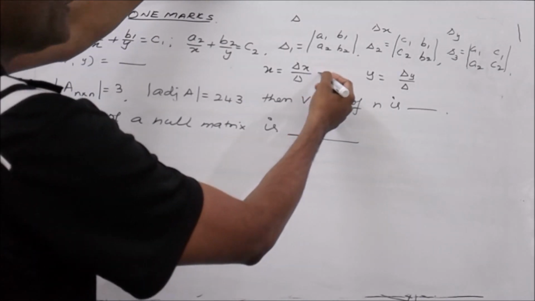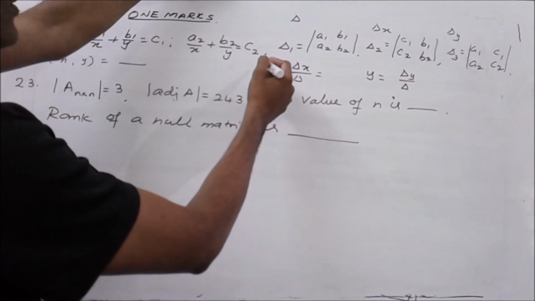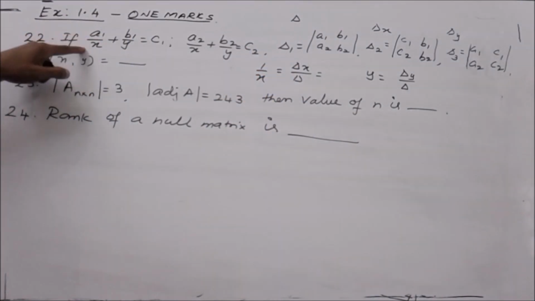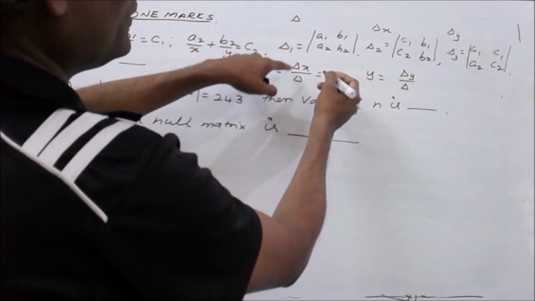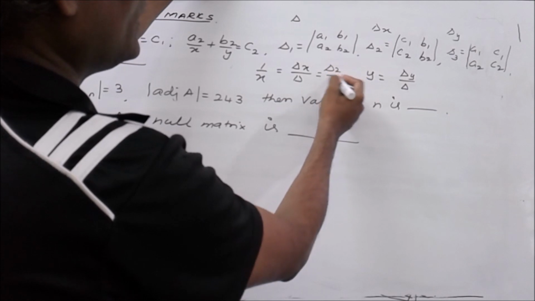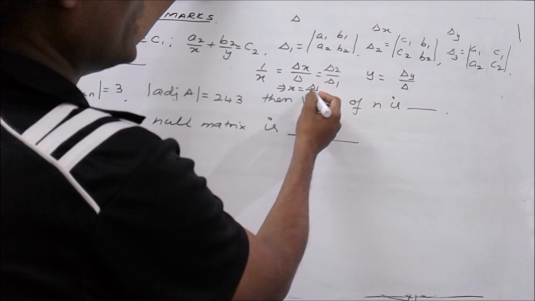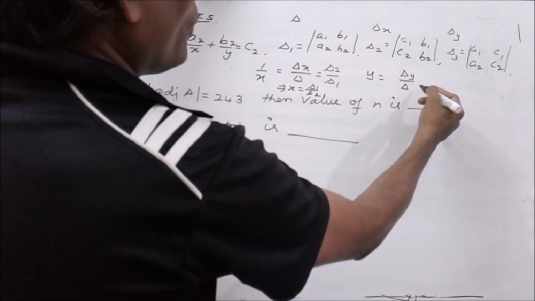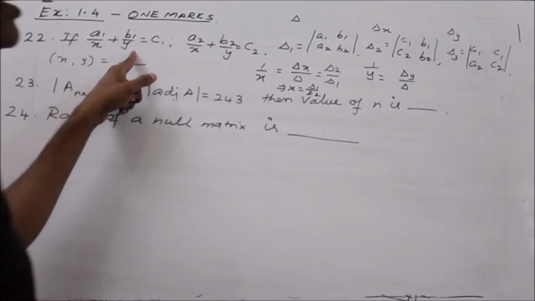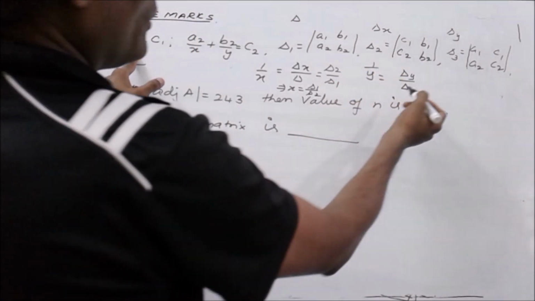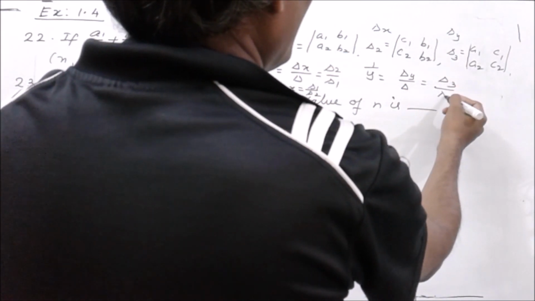Now substituting, given 1 by x and 1 by y, 1 by x is equal to delta x by delta. Instead of delta x we have delta 2 by delta 1, which implies x is equal to delta 1 by delta 2. For y, 1 by y equal to delta y by delta, instead of delta y we have delta 3 by delta 1.